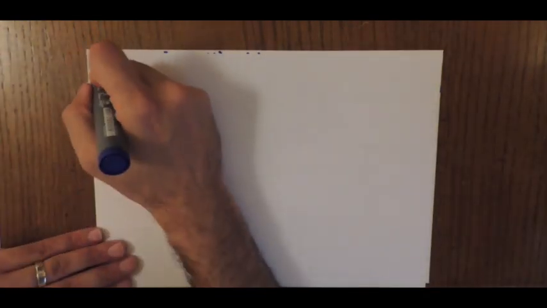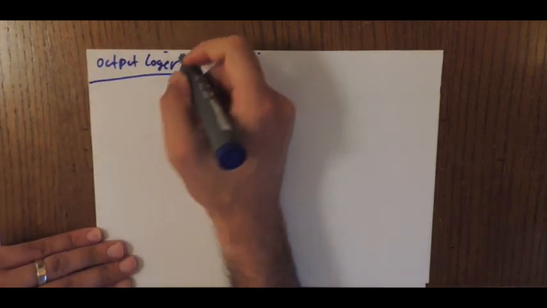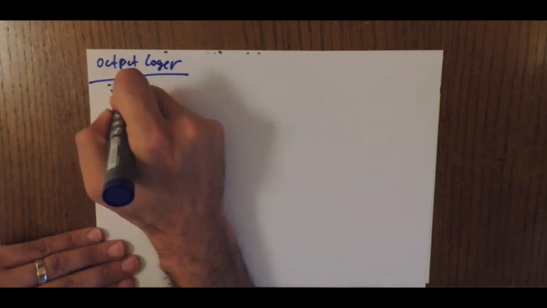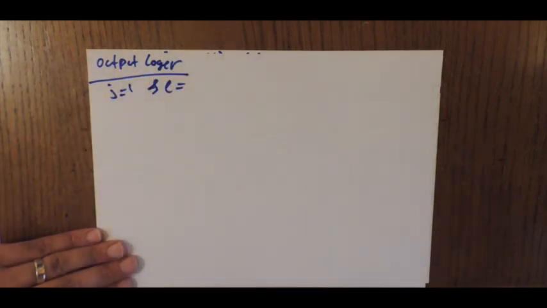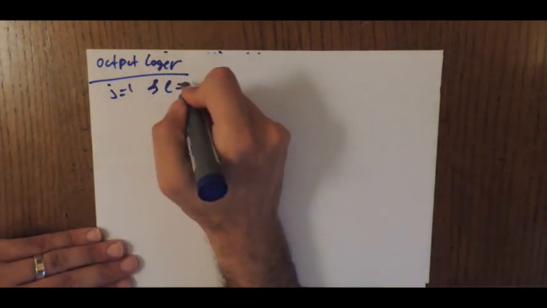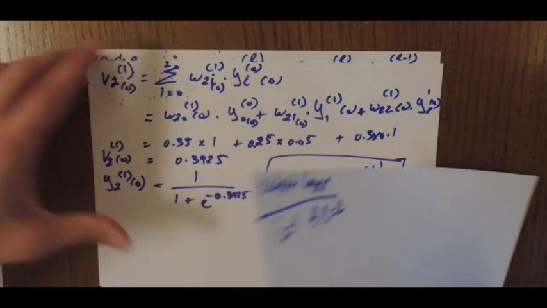For the output layer, we have j equal 1 and L equal 2 in this case, indicating the output layer.